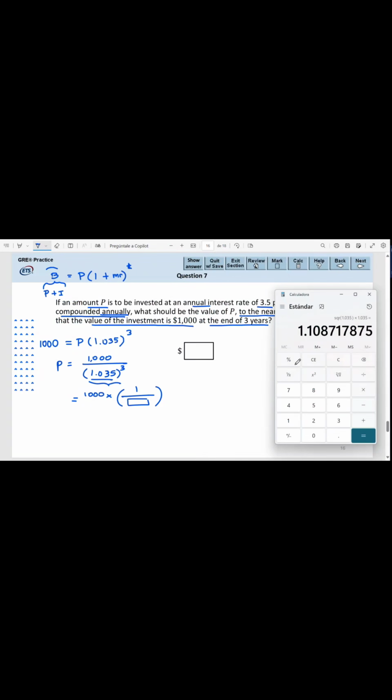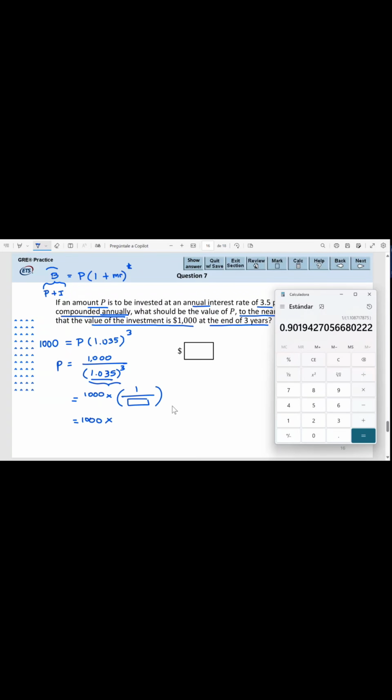Since the calculator has this interesting feature that you can calculate the inverse using this button 1 over x, I can calculate directly the inverse of the cube of 1.035. This result, which is the cube, I just invert.